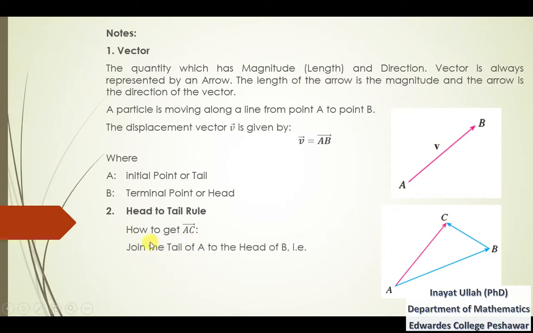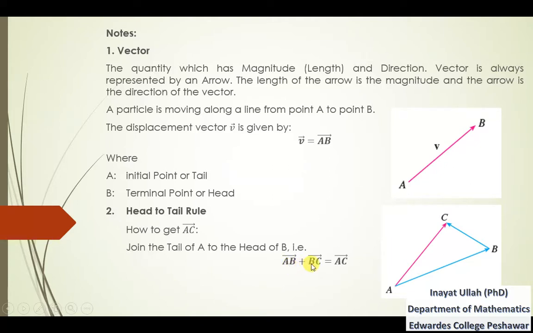So if you want to get the AC vector, you need to join the tail of AB to the head of BC. So mathematically, AC vector is equal to AB vector plus BC vector.